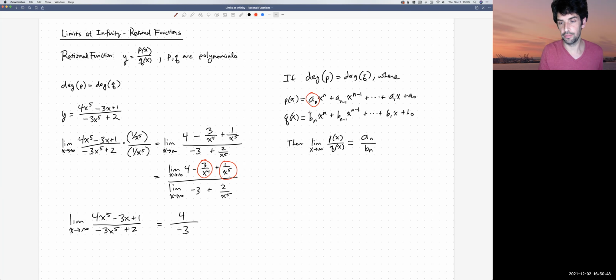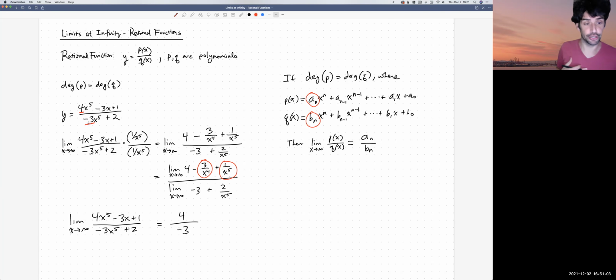This A sub n and B sub n, the coefficients of the leading terms, just like we had here. The 4 and the negative 3 turn out to be the only thing that matters, because all the other stuff becomes really small relative to x as we get really large. And so the ratio of those two leading terms is really what matters. But when we take the ratio, the x to the 5th cancels out, it's just those coefficients.